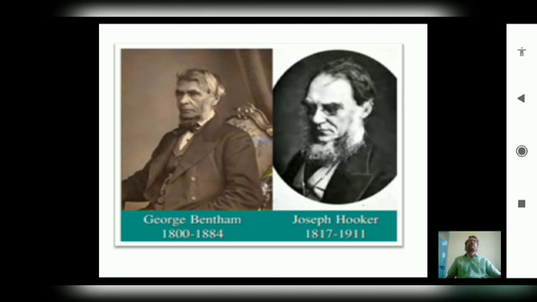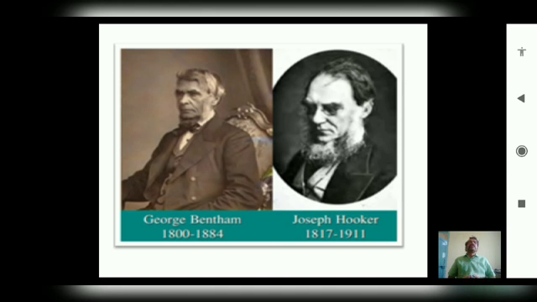Well, these two people have put forth an important system of classification of flowering plants. George Bentham developed many monographs on families like Ericaceae, Labiatae, etc., whereas Joseph Hooker was the director of Kew Botanical Garden, and he published Flora of British India in 7 volumes.